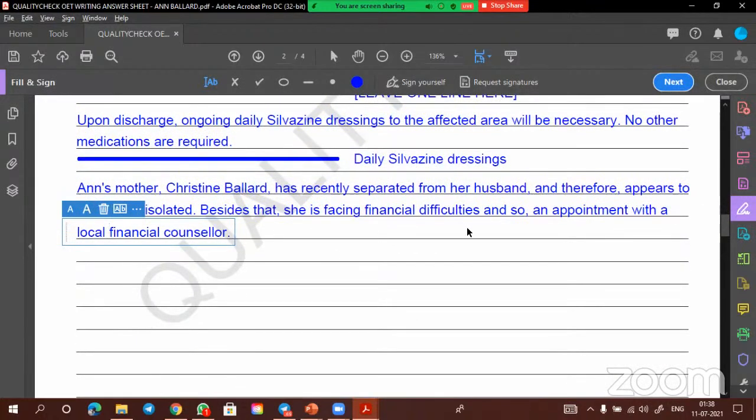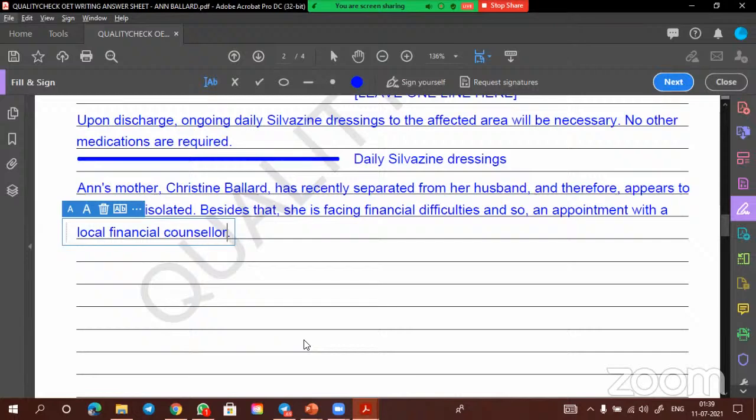An appointment with a local counselor, or a meeting with a local counselor, for what? For solving the financial issues.